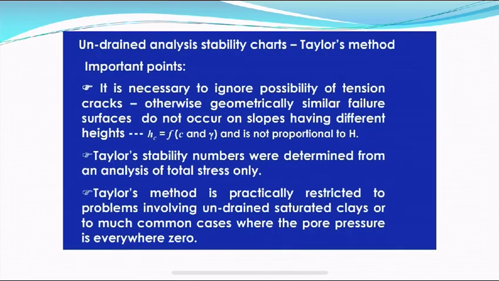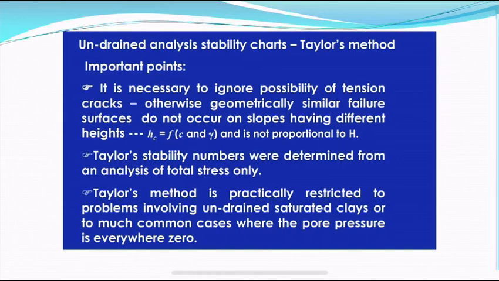Some more important points as far as Taylor's method is concerned are summarized in this slide. It is necessary to know the possibility of tension cracks, otherwise geometrically similar failure surfaces do not occur on slopes having different heights.